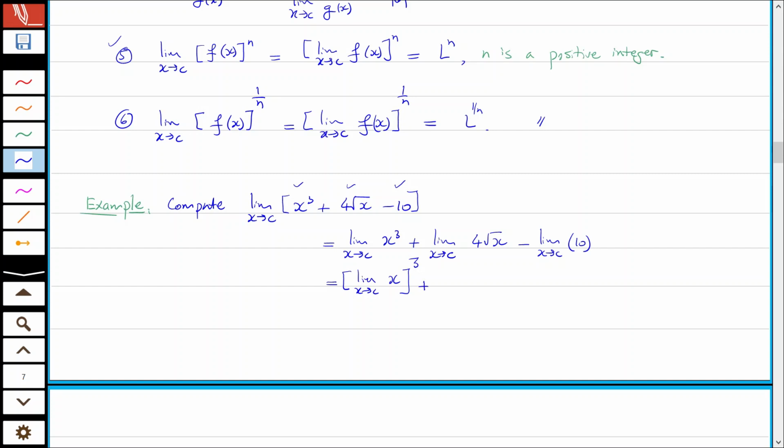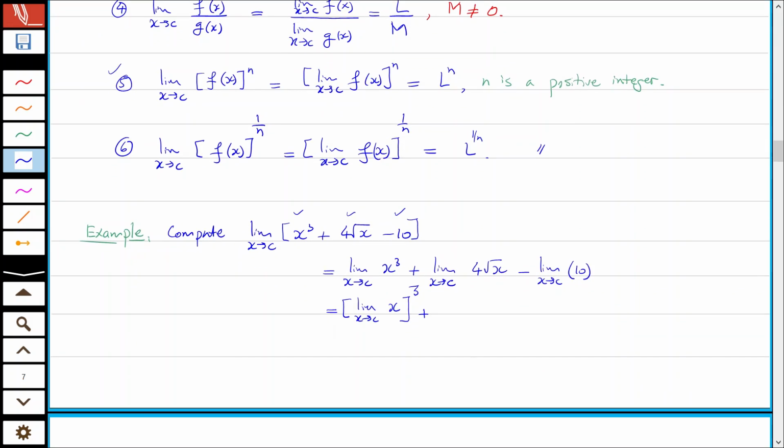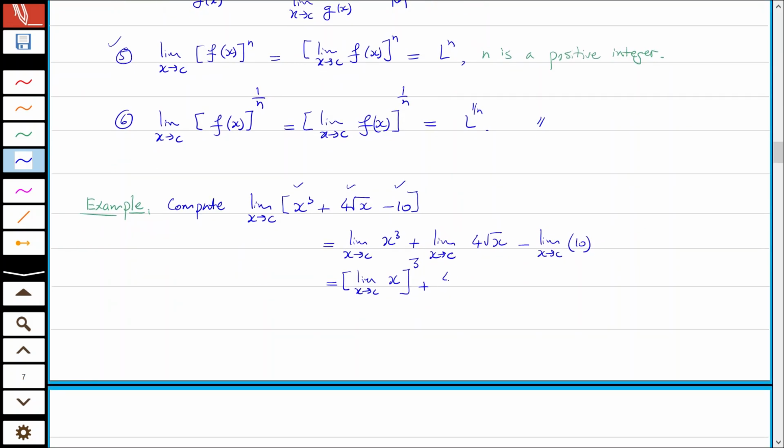Plus, first, I am applying this property, scalar multiple. I have a constant multiplied with my function. As a first step, I write 4, limit x approaches c, root x under the root. A constant multiple, which is 4 here, can be pulled out of the limit.